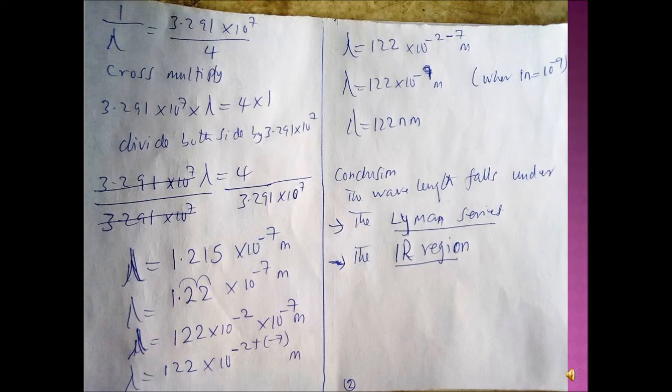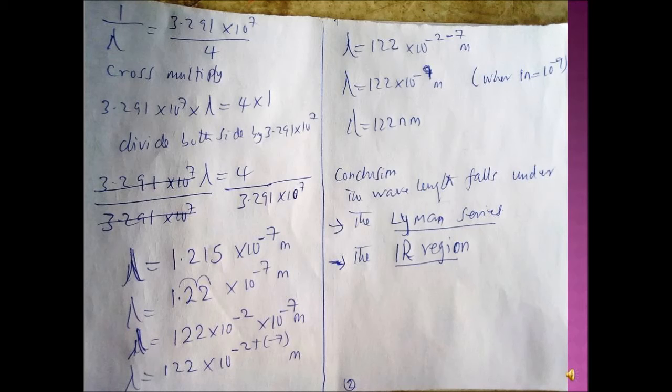And how do we do that? We do that by dividing both sides by 3.291 times 10 raised to the power 7, since it is the wavelength I want to make the subject of this formula. By the time you divide 4 by 3.291 times 10 raised to the power 7, you get 1.215 times 10 raised to the power minus 7.